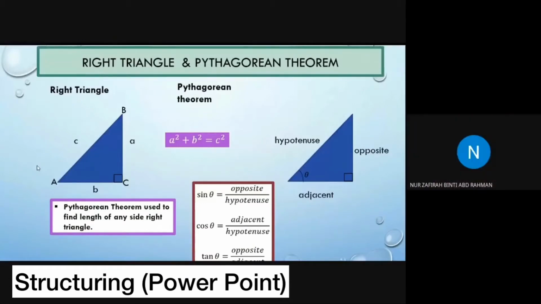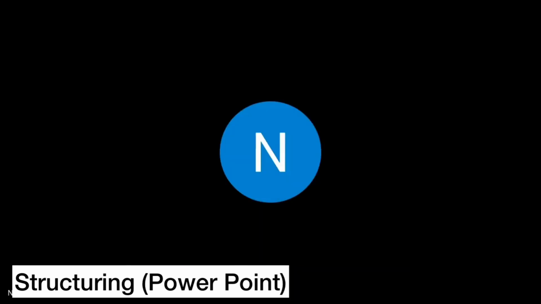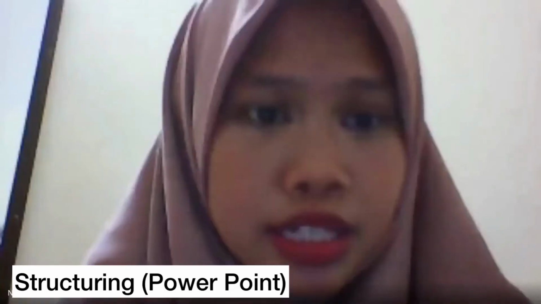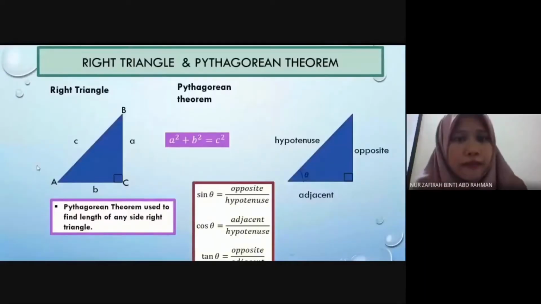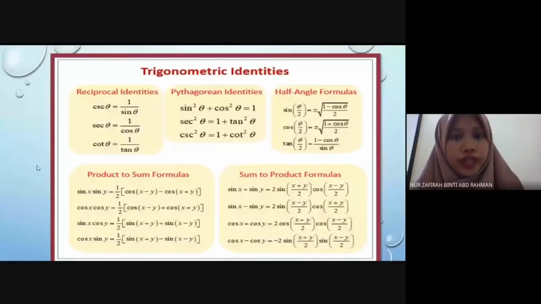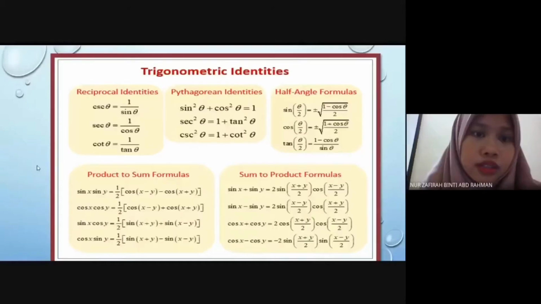This triangle will be used in questions to find the answer of the integral. Next, trigonometry identities will be used in the question to solve the integral, but not every question must use trigonometry identities. It depends on the question.